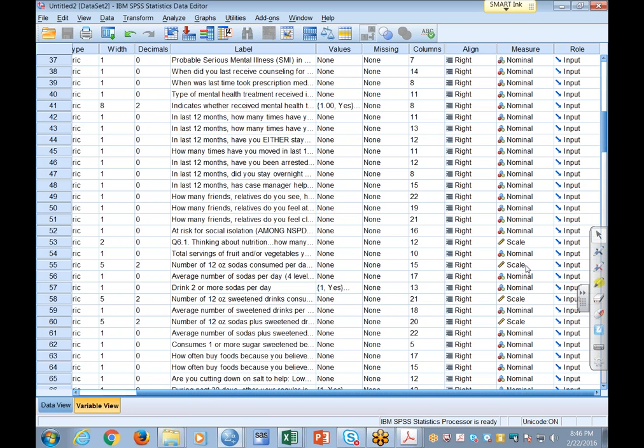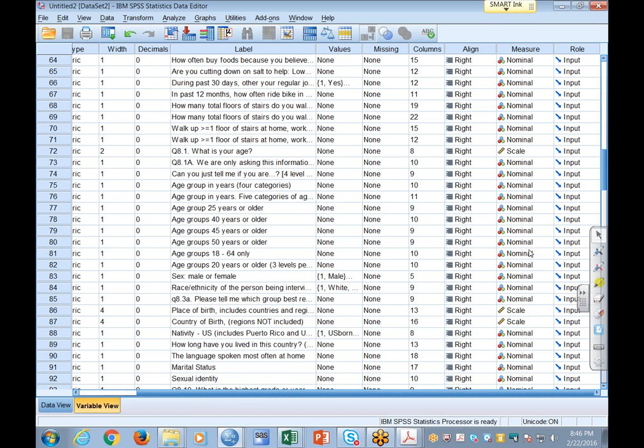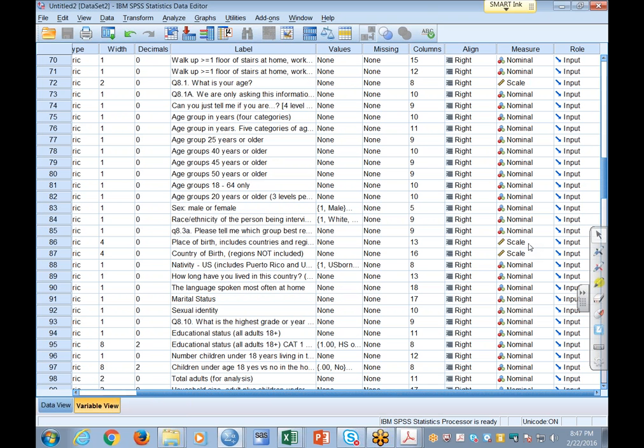Number of 12-ounce sodas consumed per day. Scalar variable. People are telling them the number of sodas. What's your age? That's a number. Could be years, could be months or something like that, whatever they translated it into. If we have weights, you would want to know whether it's kilograms or pounds, and so on and so forth. So some of these are scalar variables. Some of them are nominal variables.